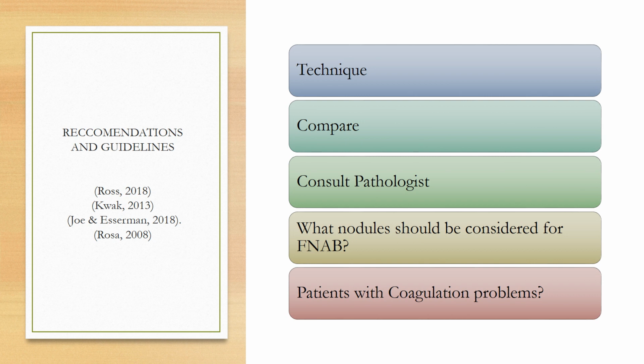One of the other guidelines that came out of that 1930s study that's still in practice today is always comparing the aspirated material with a quote-unquote normal pathology. So you can never just look at it and say, okay, that's benign or that's malignant.